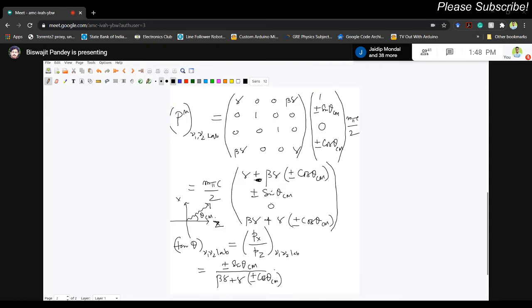So 1 by gamma is common, which is square root of 1 minus beta square, and then I write sine theta cm divided by beta plus minus cos of theta cm. Of course there will be a plus minus sign here as well, which I have not written, right?